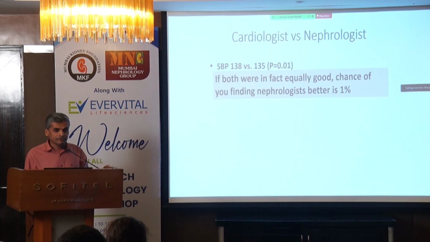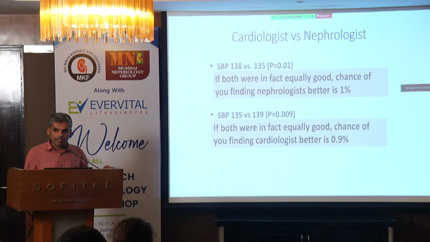Cardiologists are not happy. They wanted to do it themselves, and they conducted a trial whose summary statistics are this. The blood pressure difference is 4 mm in favor of cardiologists, and 0.009 is the p-value. So this means if both were in fact equally good, the chance of you finding cardiologists better is just 0.9%.